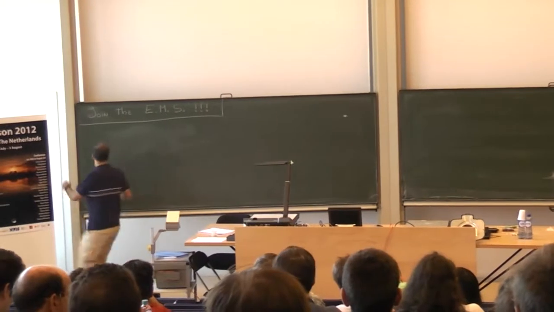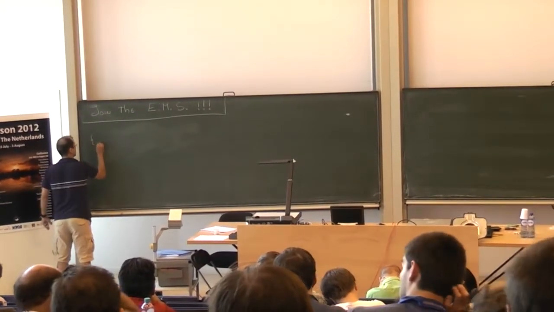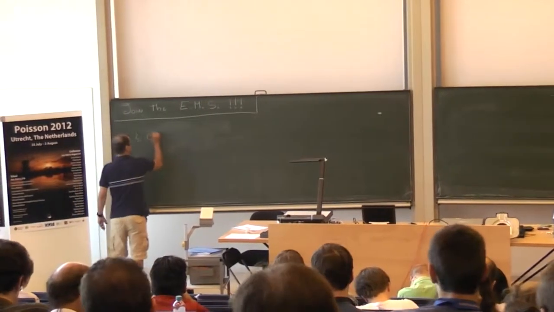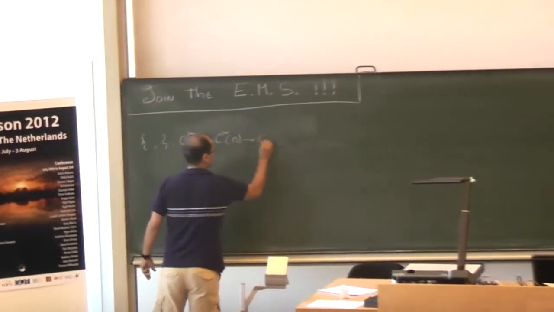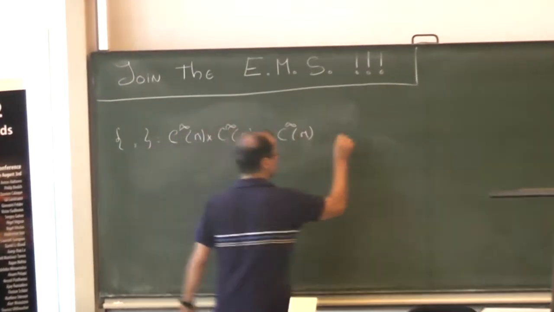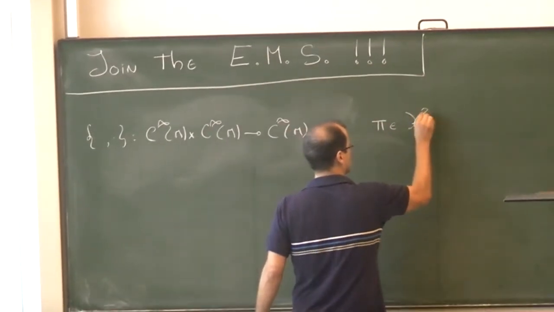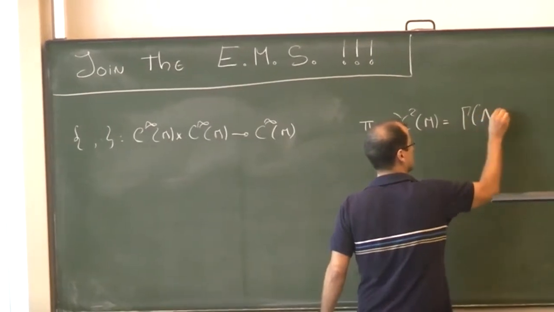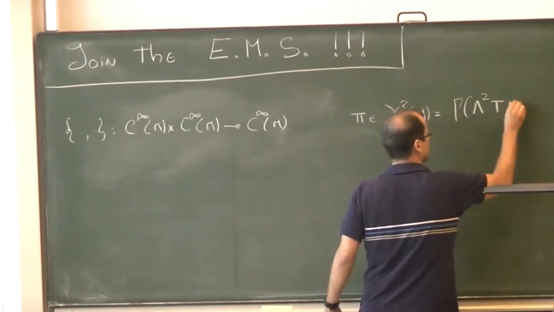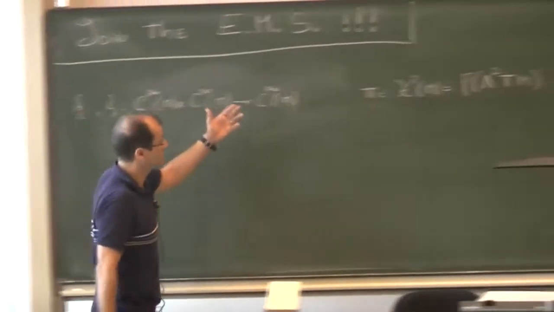So that's easy. If I start with a Poisson bracket, there is another way of describing the same gadget, which is through a bivector. That's a section of the second exterior product of the tangent bundle. You are used to two-forms.